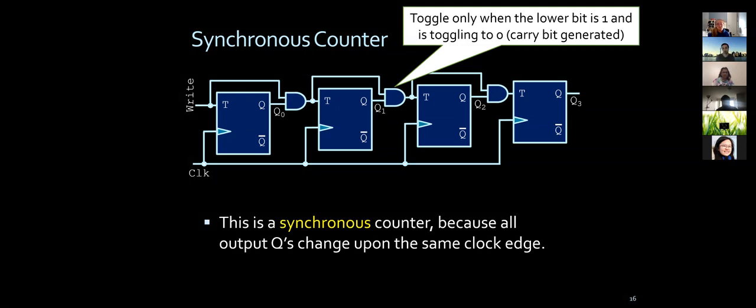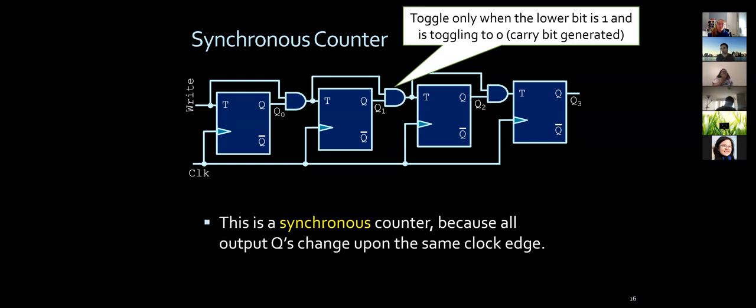This way, I can't have a situation where my higher order bit flips and the lower order bit didn't flip yet. They always flip starting from the lower bit. If you would do it systematically and add +1 to something like say 0111, you start to flip 1 to 0, another 1 to 0, another 1 to 0, and then a 1 carry that would propagate to the next bit.